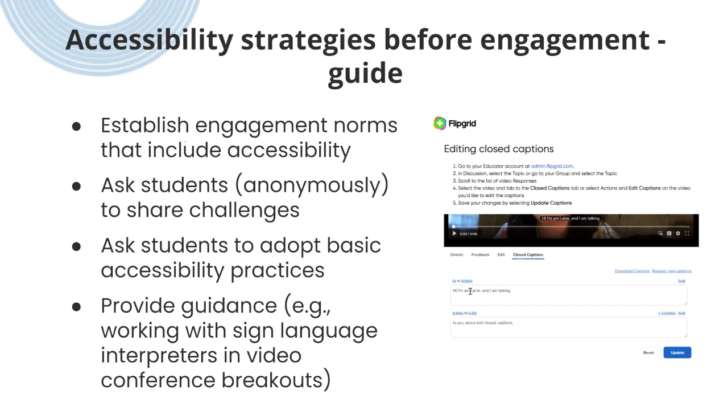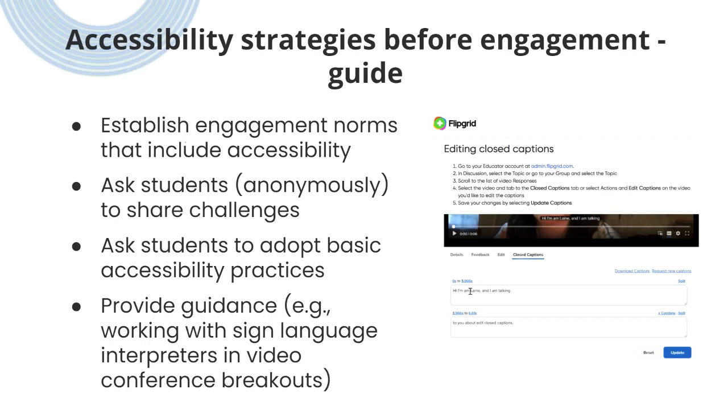And then you can see this last bullet. If I know that there's a student in my class who brings with them a sign language interpreter for live class sessions, then we would again create a space where we can help students work with the sign language interpreter to support them and the students that they support.